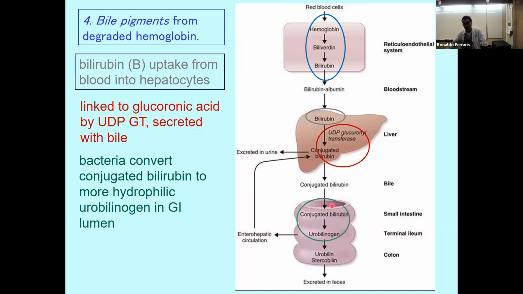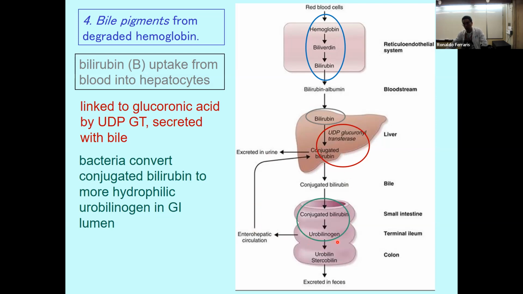The bacteria, the microbiota that I alluded to in the small intestine, convert this conjugated bilirubin into more hydrophilic urobilinogen. Otherwise, it would just diffuse through the mucosa and go back again.